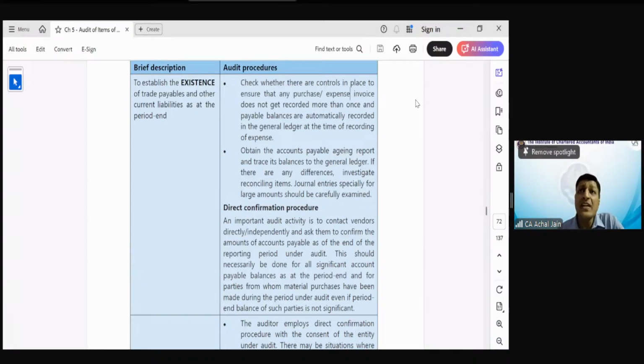So you'll of course review the aging, and in case the trade payables are not getting paid, you'll make inquiries from the management as to what all things have been done in respect of that. Some of the things which may have been done in terms of obtaining the balance confirmations from other parties. For example, if there are any disputed balances, but those are still outstanding.